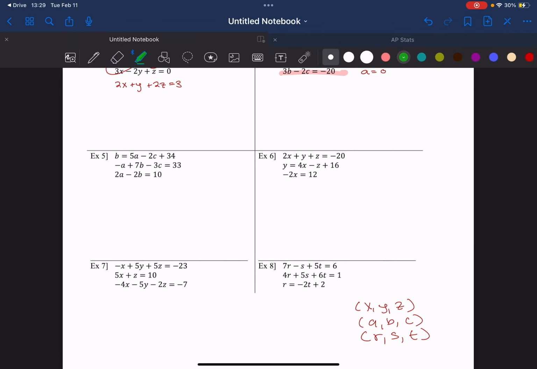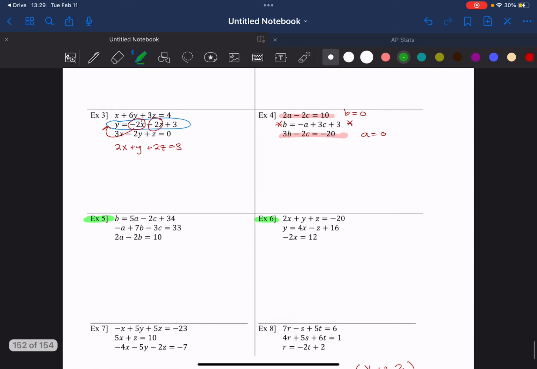Number 5 and number 6 are going to give you those unique solutions, so it's either going to be no solution or infinite solutions. And then I believe number 4 is the only one that's going to give you a fraction or a decimal. That is okay.